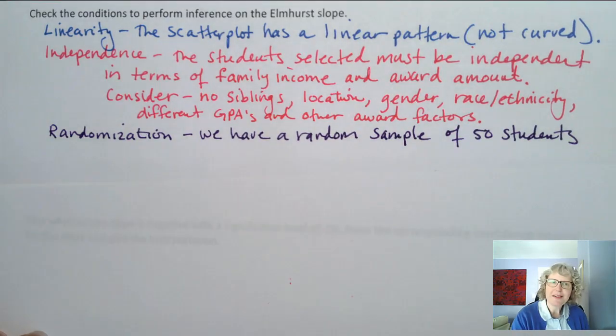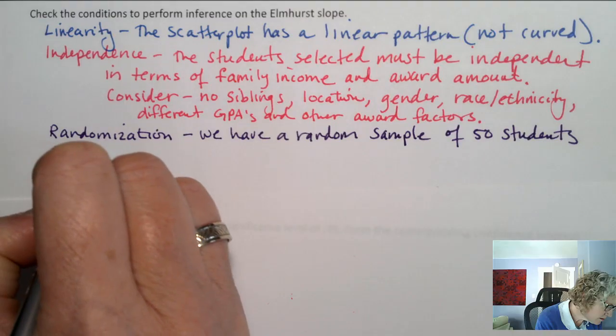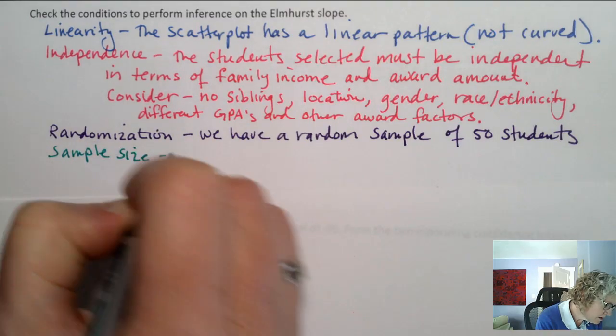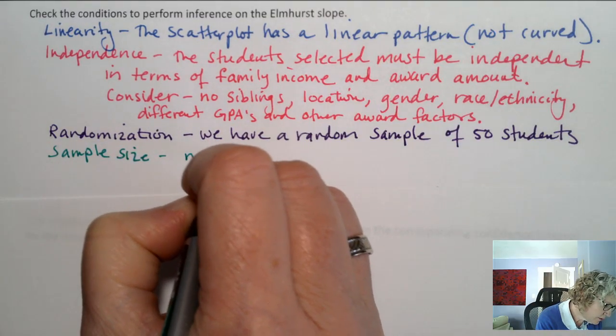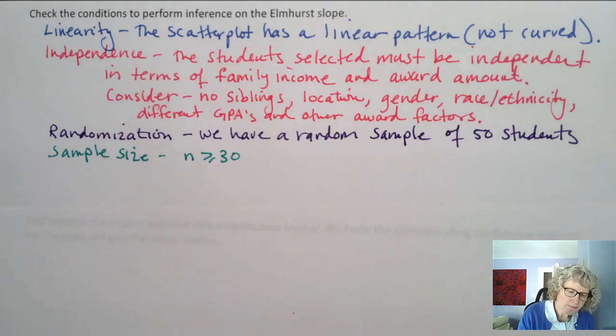That's going to come up more in the sample size though in just a second. Sample size. Our n is greater than or equal to 30, so we don't need to check the nearly normal condition of the residuals, although they did look roughly nearly normal. We could graph the residuals on a little better graph to see that better, but they looked fine to me.